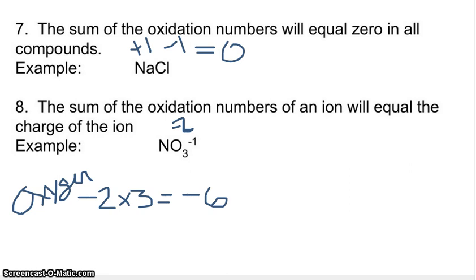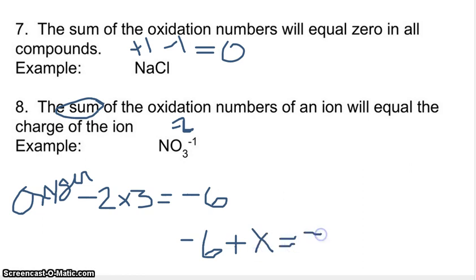So now the next step is to figure out what exactly nitrogen would have as an oxidation state. Well, we know that if we add all the oxidation states, we're going to get to the charge of the ion.